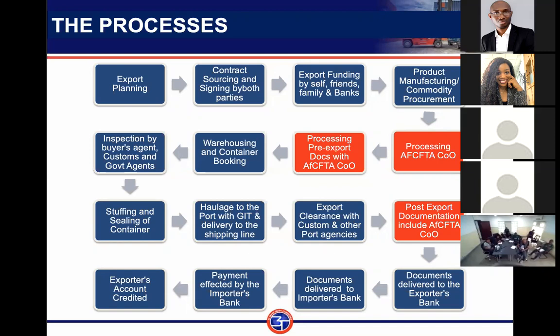That product must satisfy the rule of origin. The rule of origin says any business that will trade in Africa must either be selling wholly produced products, or products with substantial value addition, or products with substantial raw material sourced from the African continent.